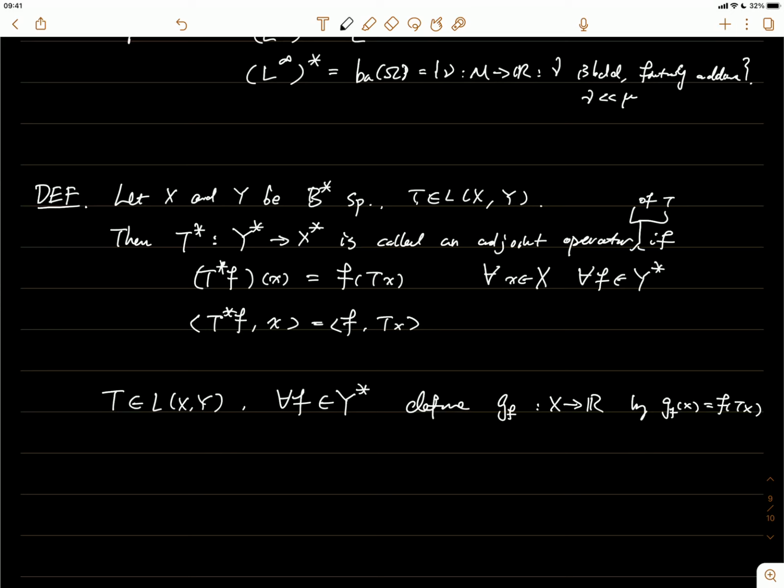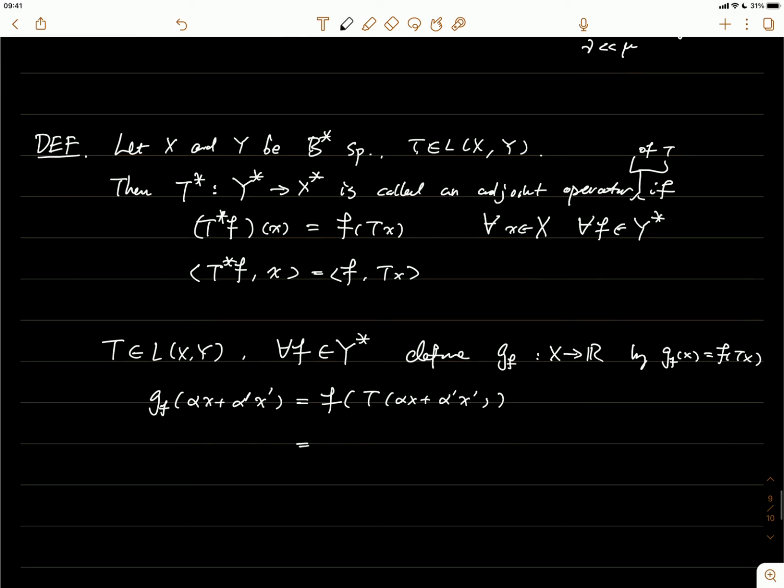Then it is easy to see that g_F is linear, because when we look at g_F of alpha x plus alpha prime x prime, where x and x prime are elements in X and alpha and alpha prime are real numbers, then according to the definition, this is equal to F of T of alpha x plus alpha prime x prime.